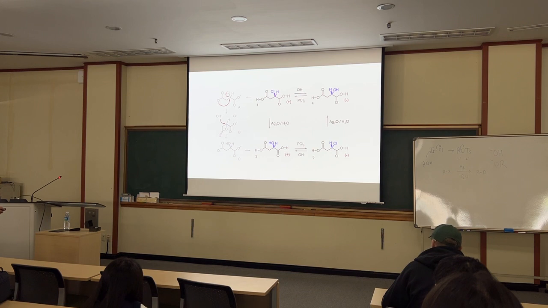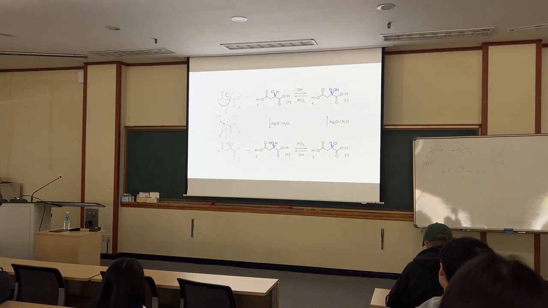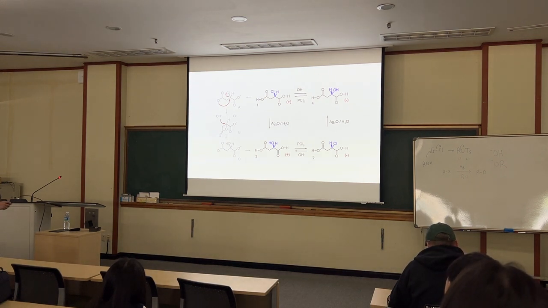When chloride is formed, before it reacts with this OH minus, this internal carboxylate attacks here first. And then it forms this kind of cyclic intermediate. If this happens, in this reaction mechanism, this also attacks here, pushes this out.